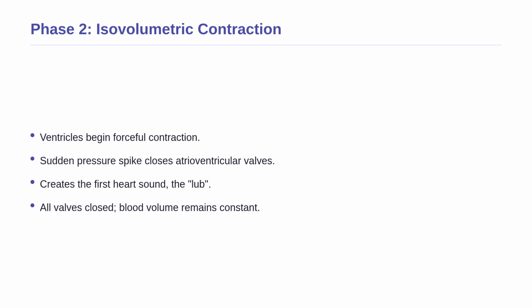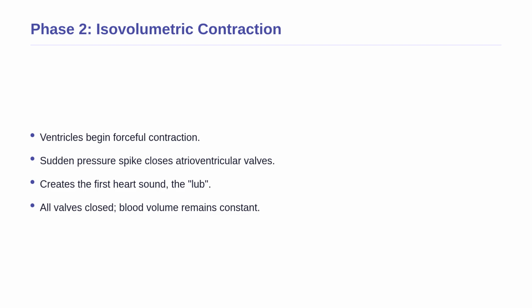Following the top-off squeeze, we enter the second phase, called isovolumetric contraction. The ventricles begin to contract forcefully, causing the pressure inside them to spike instantly. This sudden high pressure slams the atrioventricular valves shut, creating the first heart sound you hear in a stethoscope, known as the lub.